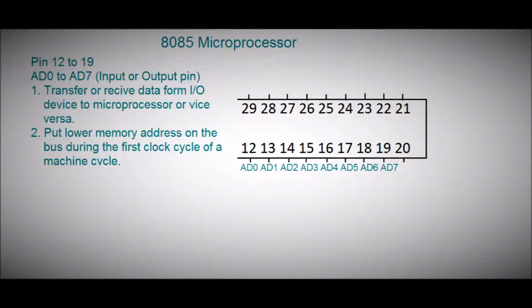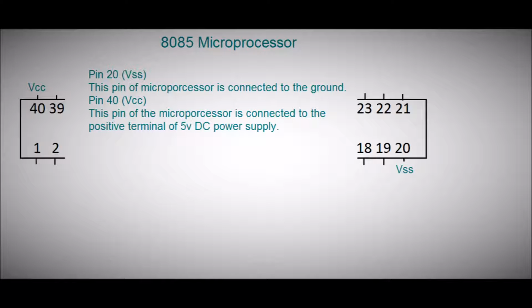AD0 to AD7 input or output pin. 1. Transfer or receive data from I/O device to microprocessor or vice versa. 2. Put lower memory address on the bus during the first clock cycle of a machine cycle. Pin 20, VSS. This pin of the microprocessor is connected to the ground.